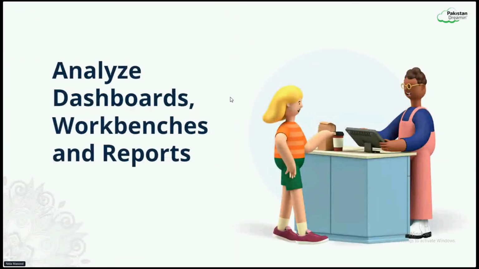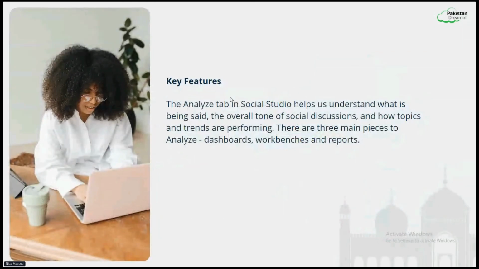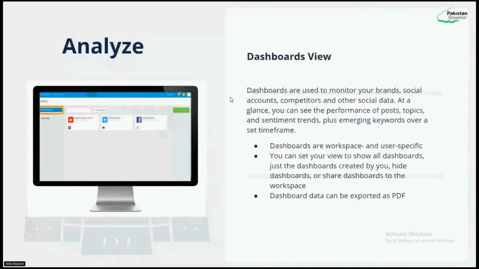The last feature that Social Studio has is analyze: dashboards, workbenches, and reports. This is where it helps you understand the overall tone of social discussions and how topics and trends are performing overall. The main pieces are dashboards, workbenches, and reports. The dashboard view is how you monitor your brands, social accounts, customers, and competitors.